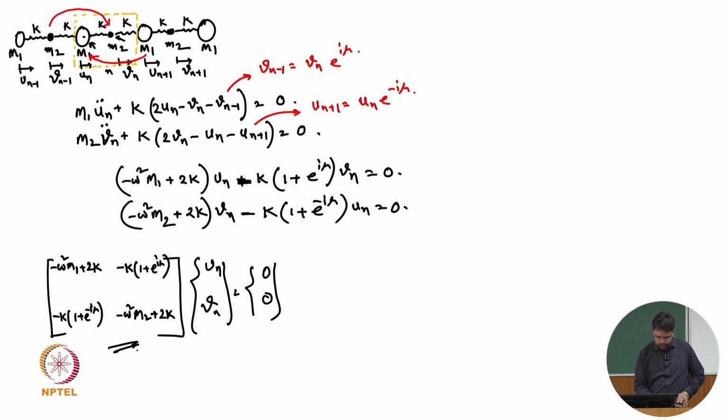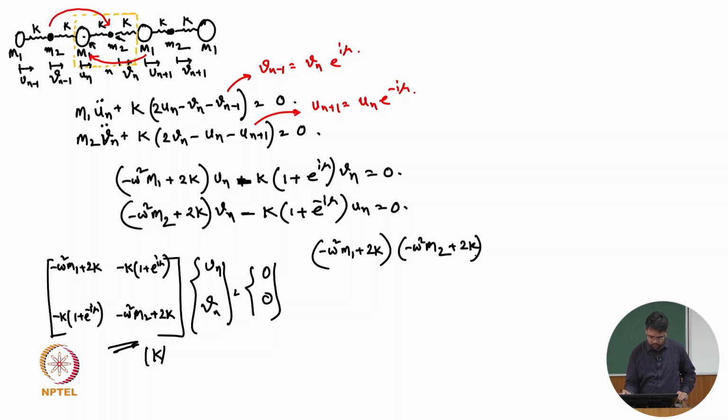So what happened? The determinant of this matrix should be 0, because un and vn cannot be 0. So obviously the determinant of the front part should be equal to 0. If the determinant is becoming 0, what can I write? This into this should be equal to 0. So this is the scenario.